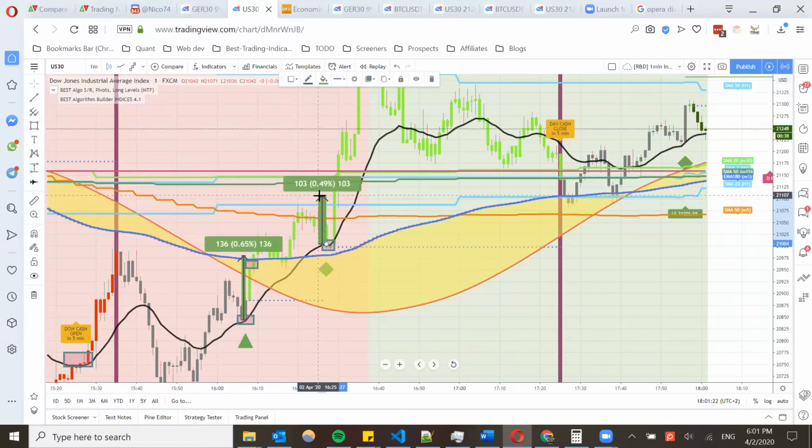But my point is, when we touch support and resistance just once, I will not use them as take profit zones. And because we did touch this one a few times, we touch this one once, the next one that I will use is this one.